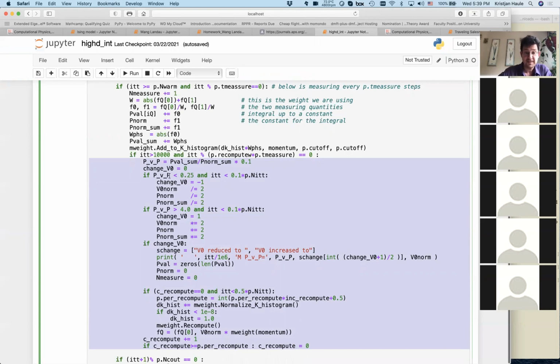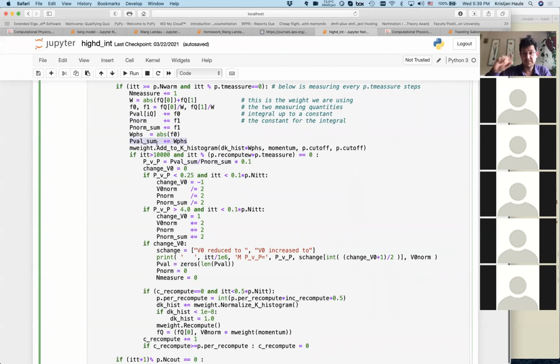So basically, we take the ratio of the 2 values of the function. We have 2 components of the function, and this p-val sum and p-norm sum: p-norm is the second component, and p-val is the first component.